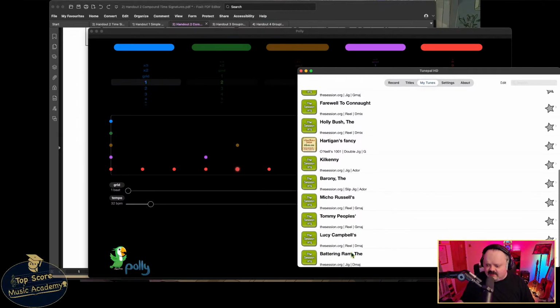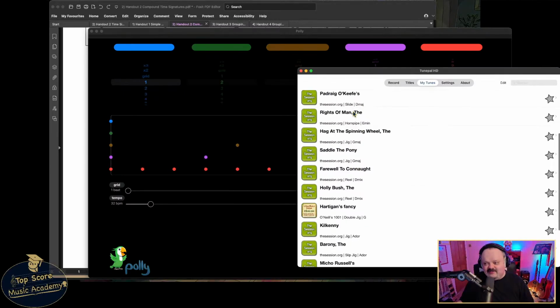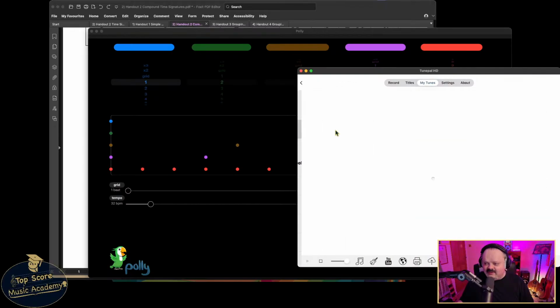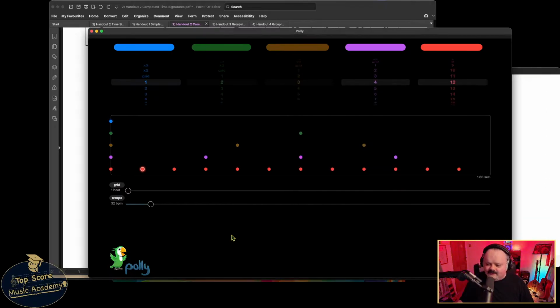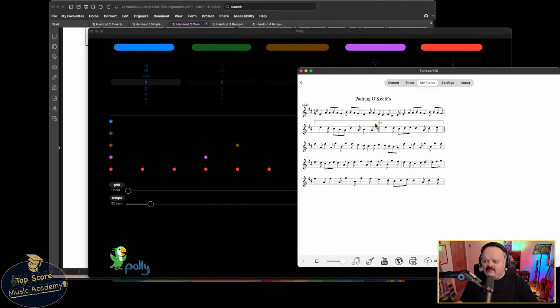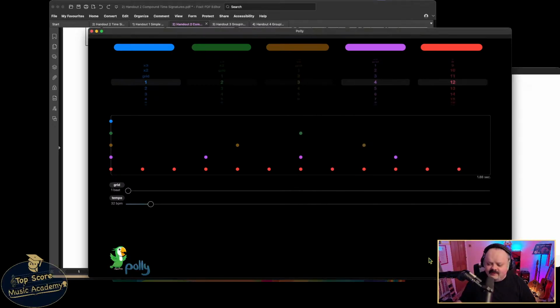A battering ram, canter, reel, slip jig, double jig, reel, jig, hornpipe, slide. Oh, there it is. Okay, so why was that not coming up when I was searching for it? Okay, let me see, what am I doing wrong? I knew it began with an F sharp. Yeah, okay, let's hear it.